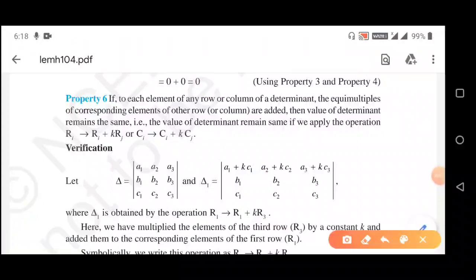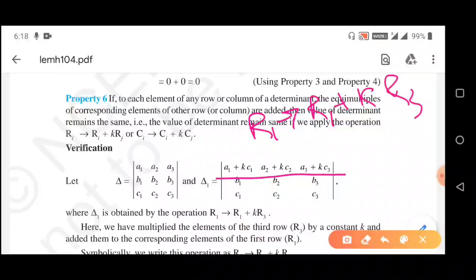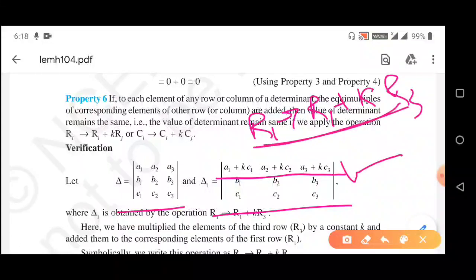Now see here in the verification, a determinant is given. Here R1 is replaced by R1 plus K R3. Now compare these two determinants. Here this first row is written like that: A1 plus K into C1, A2 plus K into C2, A3 plus K into C3.